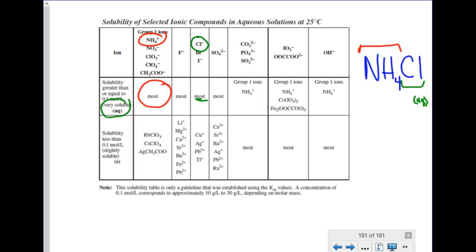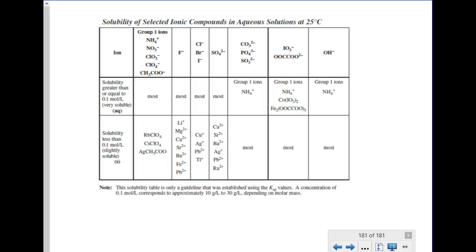Try the next one. Iron 3 nitrate. Your first job is to write the formula. The formula for iron 3 nitrate is Fe(NO3)3. We start with the negative ion.